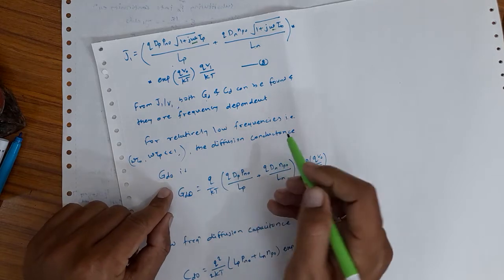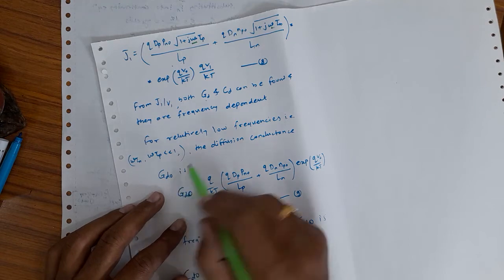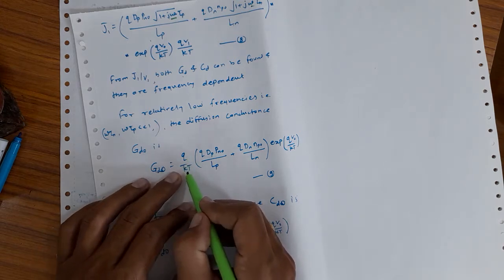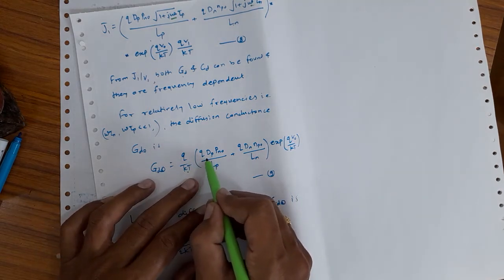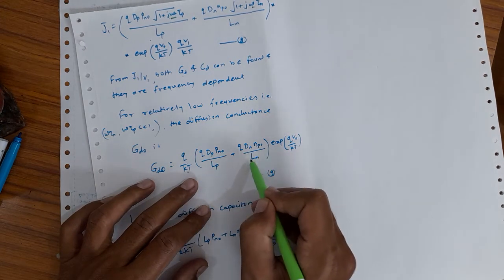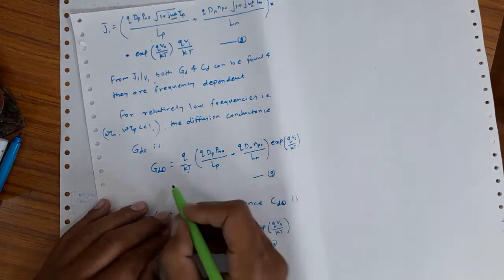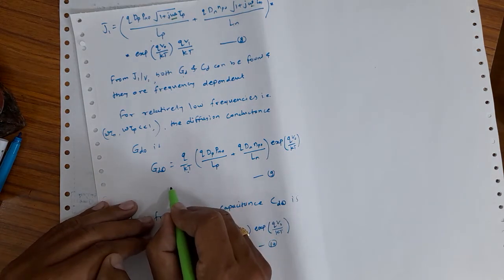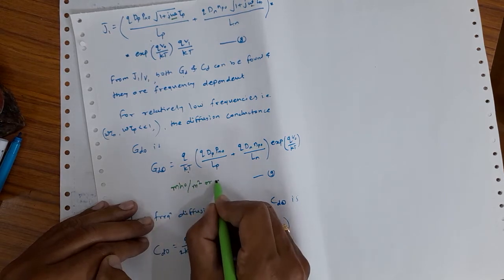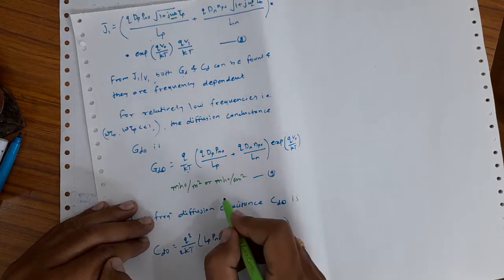So the diffusion conductance GD0 is given by Q by kT into Q Dp pn0 upon Lp plus Q Dn np0 upon Ln into exponential of qV0 by kT, and its unit is mho per meter square, or else mho per centimeter square.